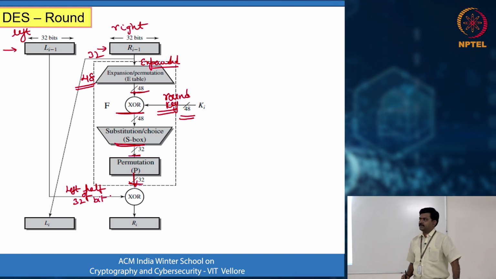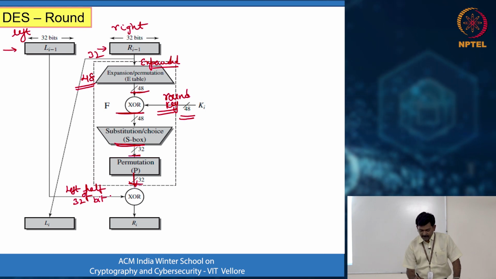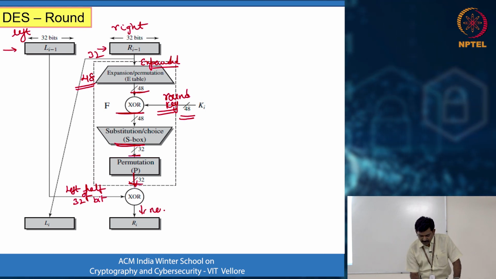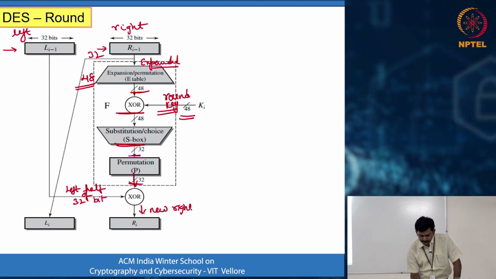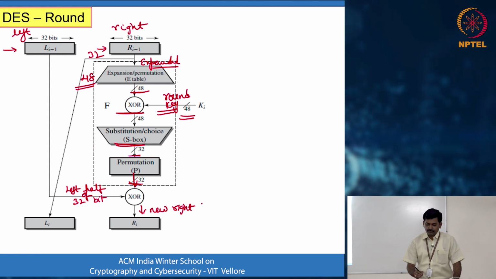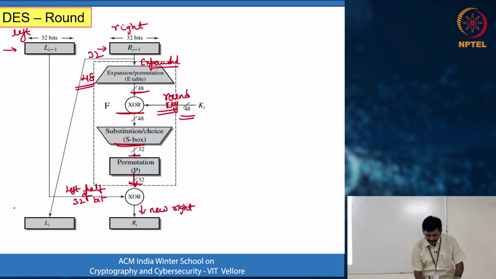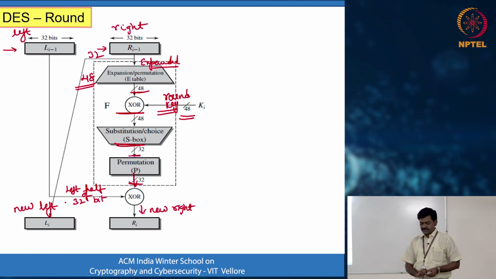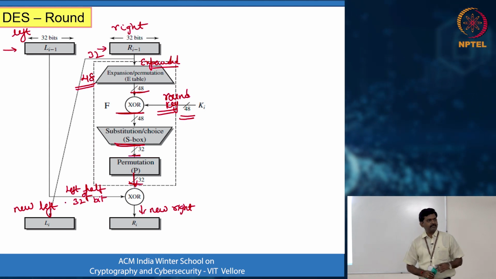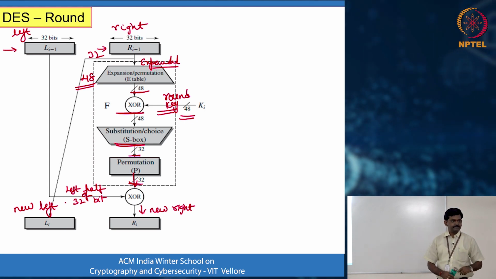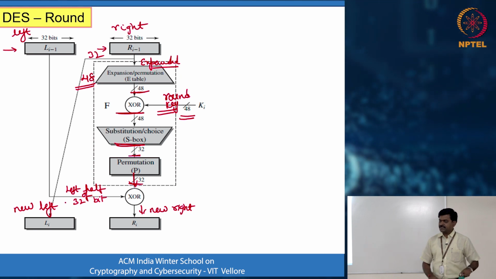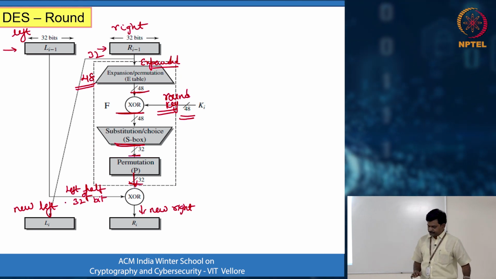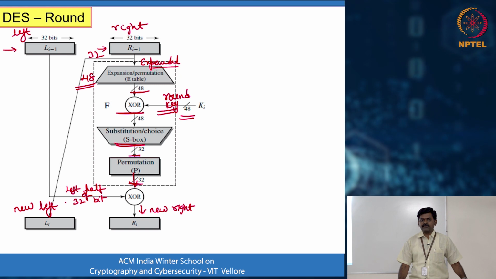When you do that, the output is the new right, and the old right is the new left. You understand? New left and new right. This is what happens in each round. Like this, how many number of rounds?